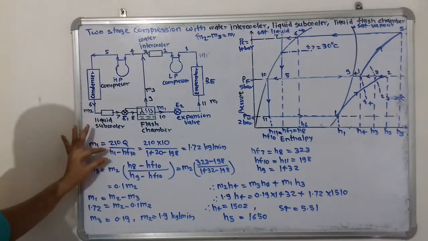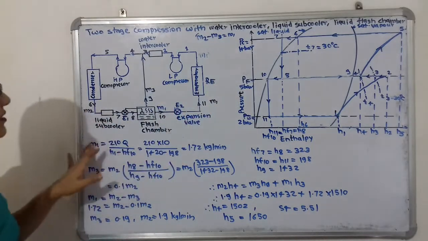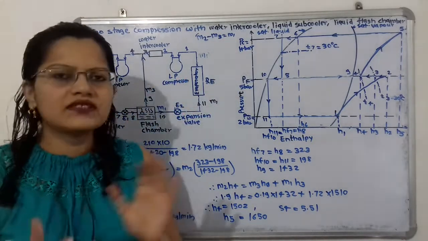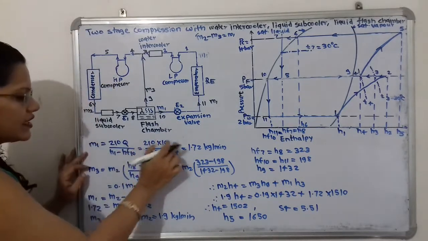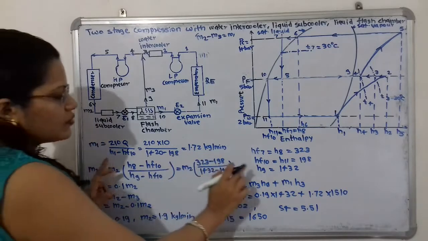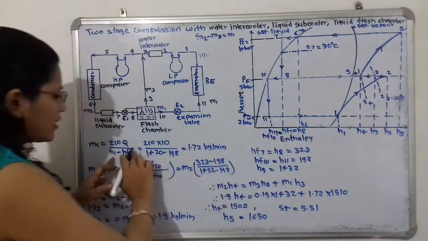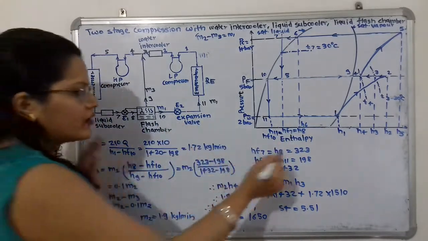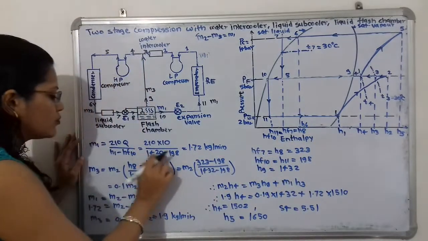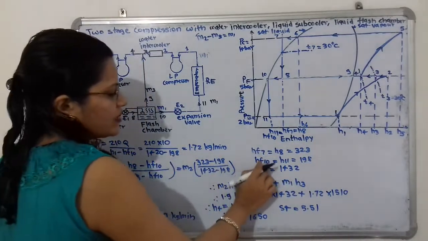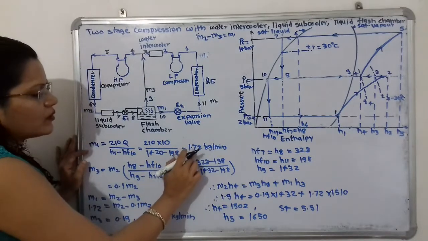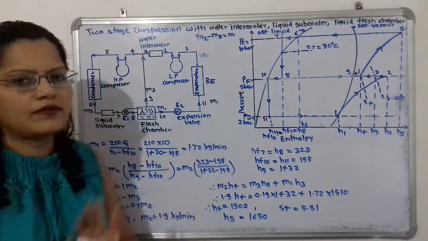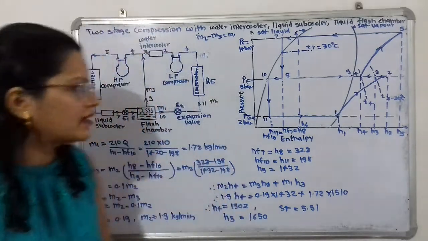So the refrigerating effect divided by the enthalpy difference is equal to mass M1. This is the formula to calculate mass M1. So Q is 10 TR, and H1 that we have calculated and first written is 1420, and hf10 is 198. So what is the mass M1? That is 1.72 kilogram per minute. So this is the mass M1.